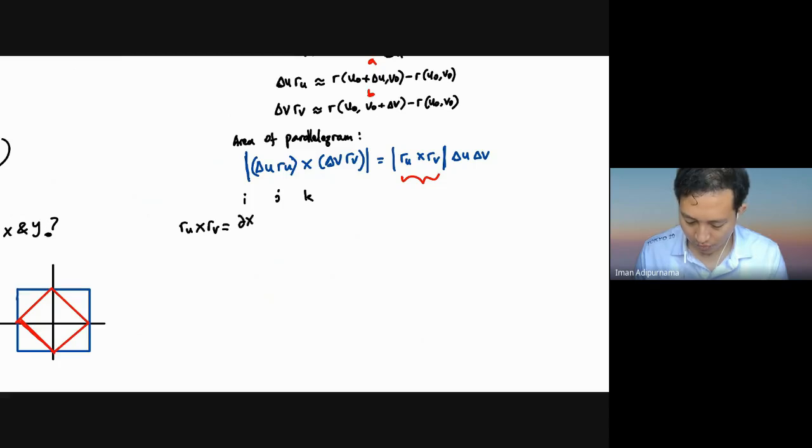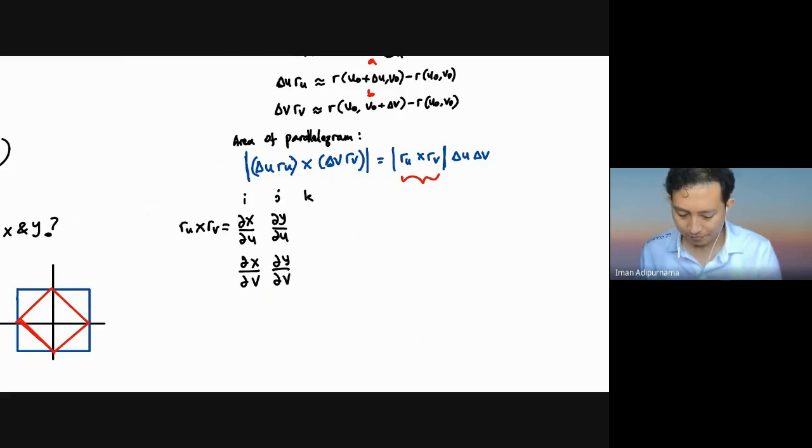And this would be dou x, dou u, dou x, dou v for RU and RV, and this will be dou y, dou u, dou y, dou v, and this will be equal to 0 for k.